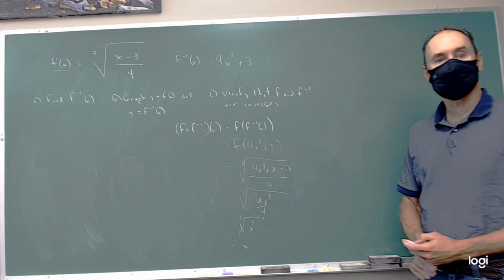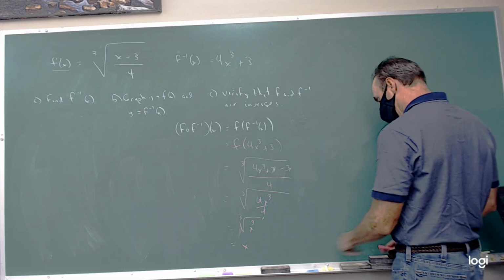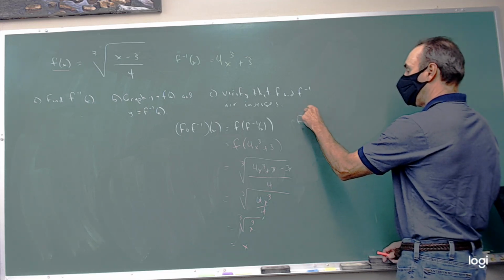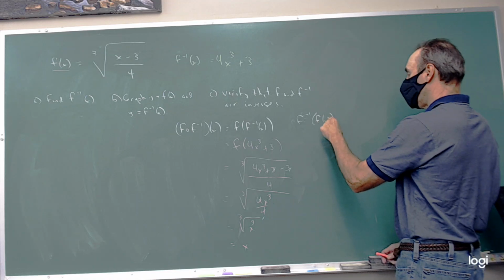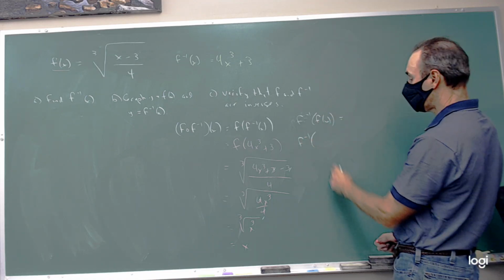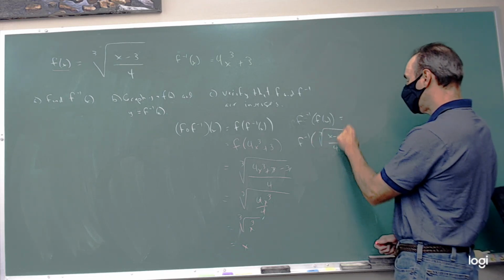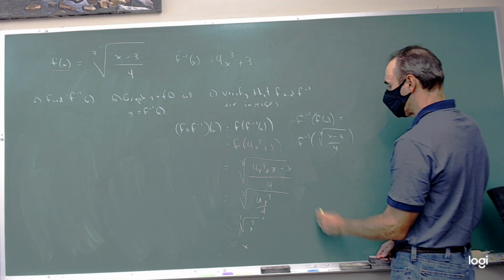So we're halfway home. And then we can say, go f inverse of f of x. And that's going to be f inverse of, and the f of x is this crazy cube root of (x minus 3) over 4. So I'm going to change colors here.